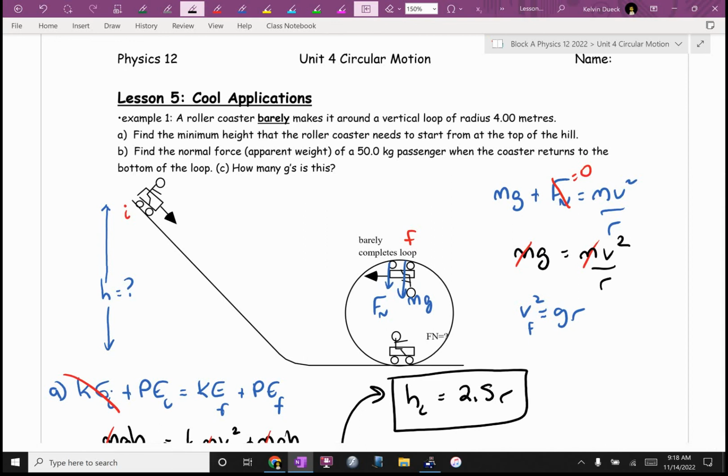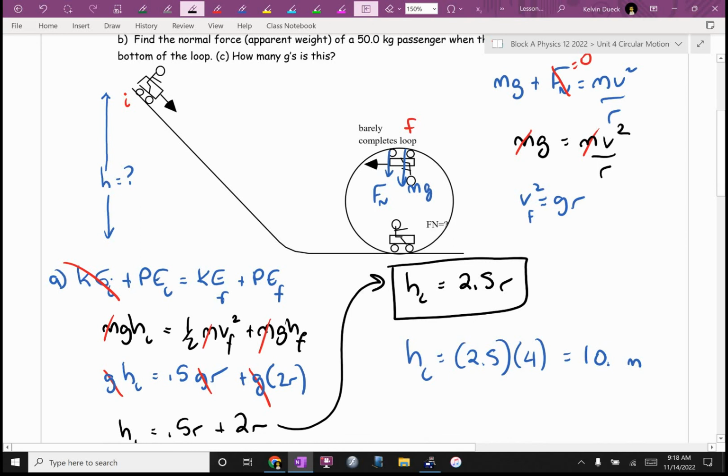Where? At the bottom of the loop. I put the F down here now and got rid of the F up there. Lazy but organized. So what was at the top for part A is at the bottom for part B.